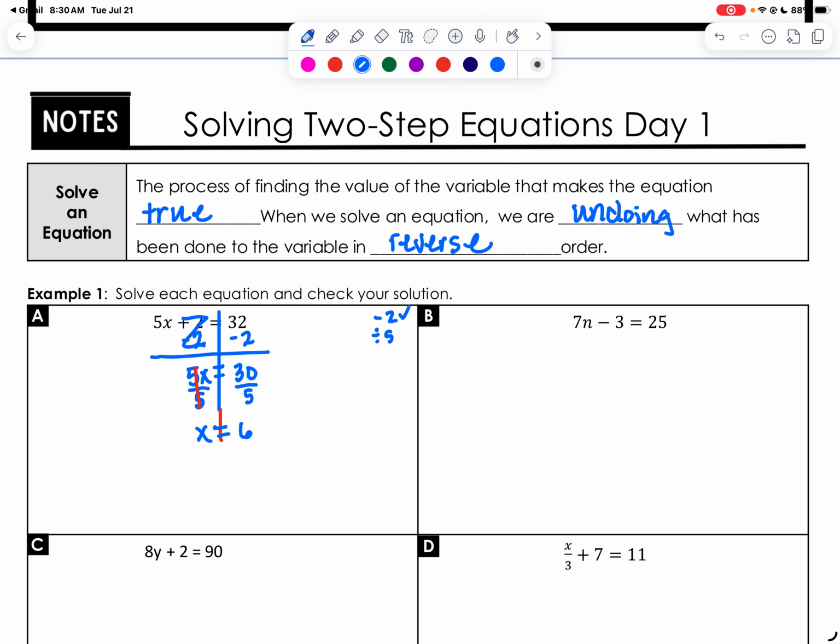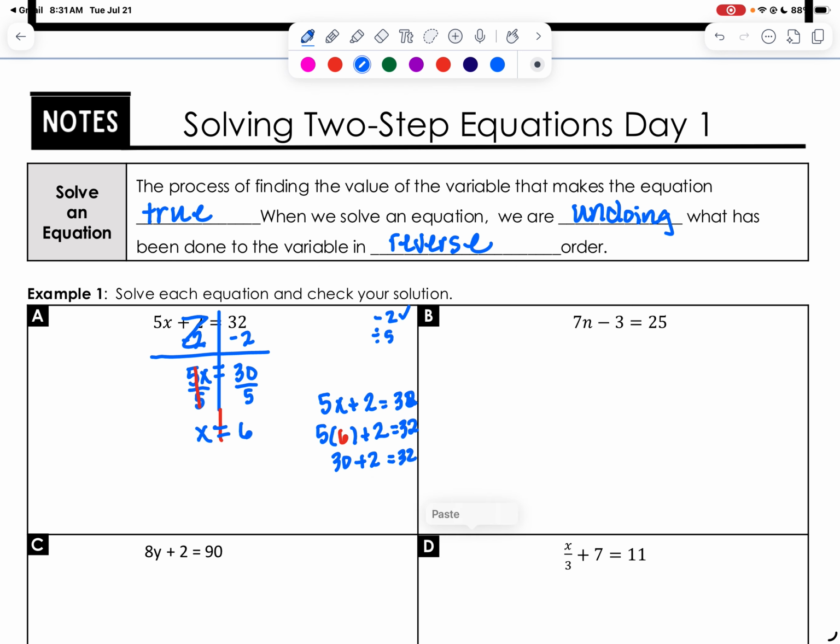Now, to check the solution, you write down the original equation. Then you replace the x with parentheses and you plug in your solution, which we got 6. Then we check it. 5 times 6 is 30.